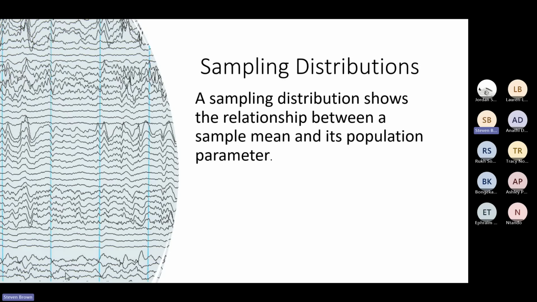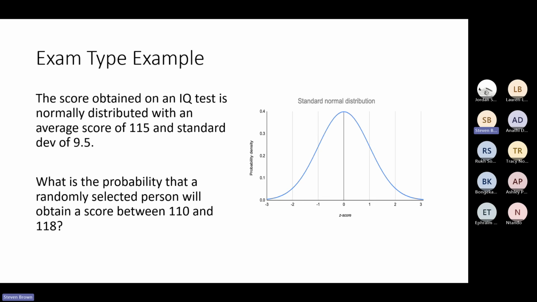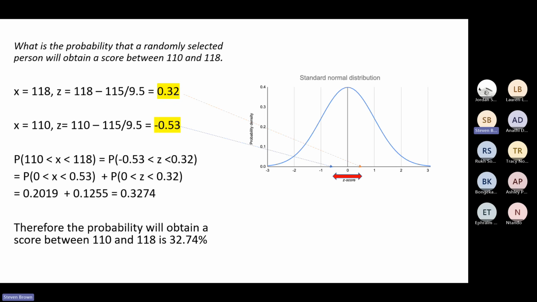Now, I just want to show you something. Okay, I'm just going to go back there. And I'm going to stay on this just for a little bit longer. Now, let's assume, and I'm not going to do the full calc, I just want you to understand the process. They said to you, what is the probability that a randomly selected person will obtain a score, not between 110 and 118, but they say to you between 116 and 118. Now we have a different type of question. There's your mean, which is 115.